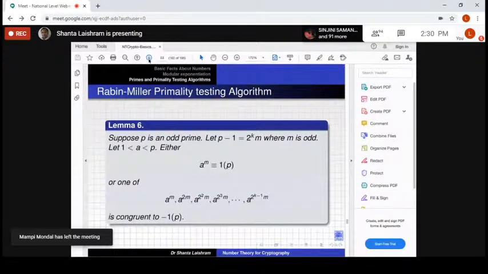Now let me write the Miller-Rabin primality testing algorithm in the following lemma. Let p be an odd prime, and write p minus 1 as 2 power k times m with m odd, and take a number a lying between 1 and p.